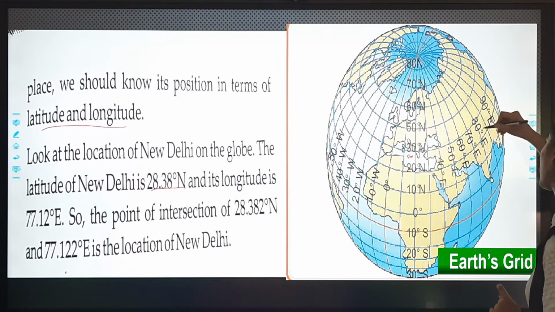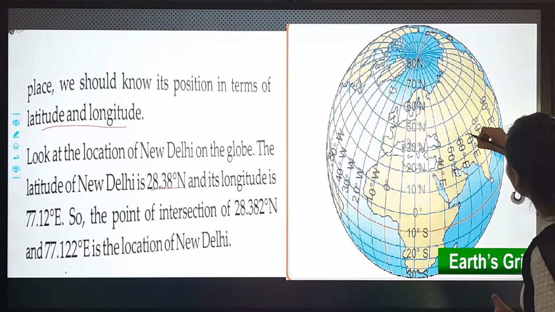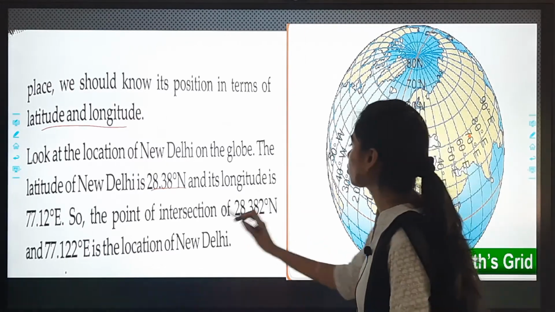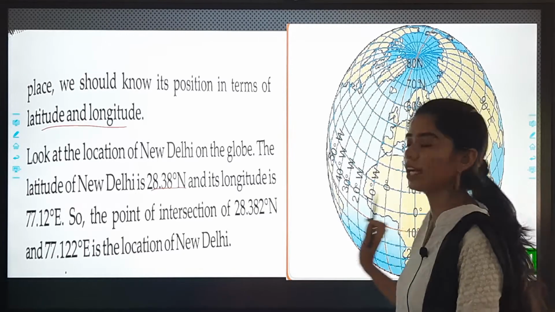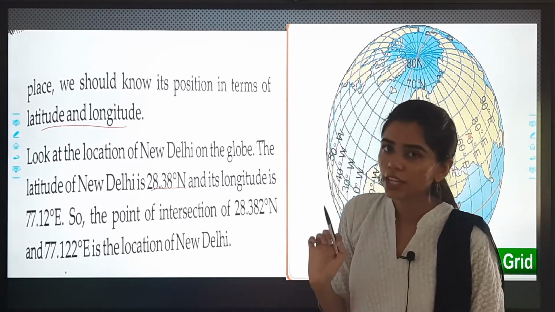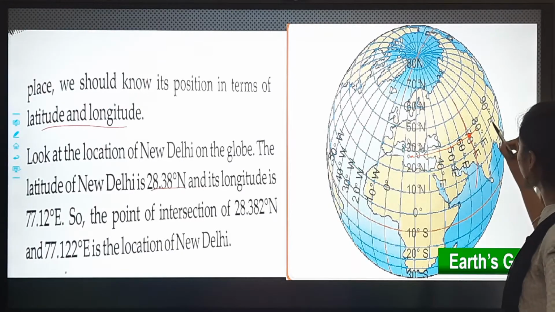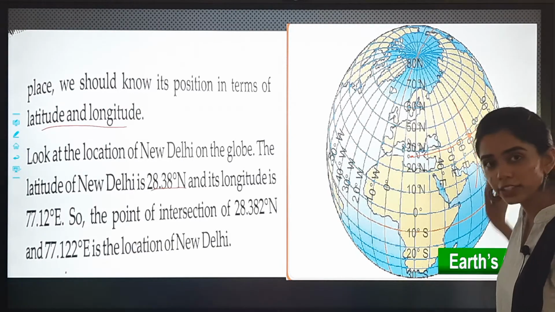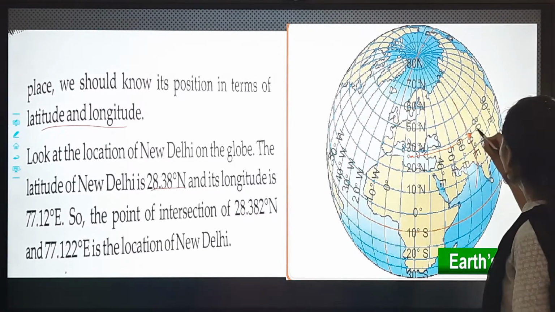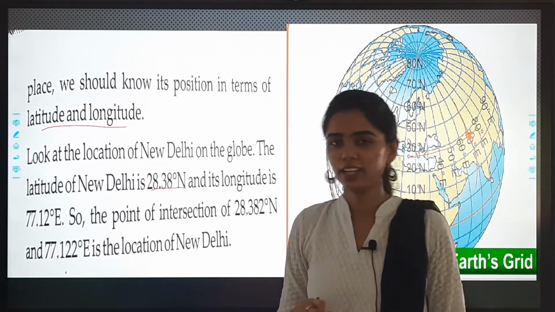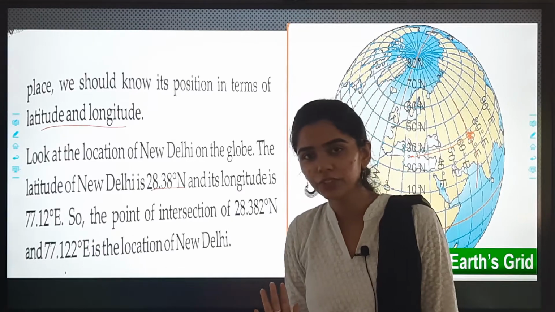So 77.12 degrees east over here. So now what we can say is that the point of intersection of it is the location of New Delhi. So you can see here I have drawn the latitude and the longitude and the intersecting point, that is our New Delhi. Is it clear to all of you?